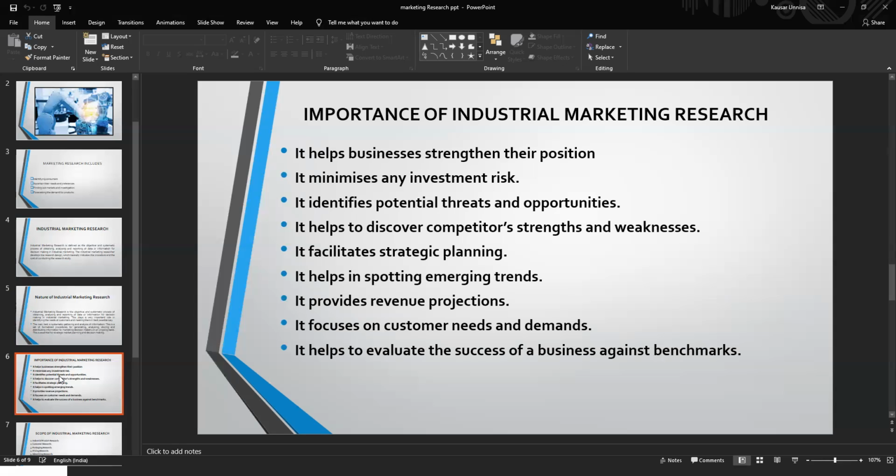Using these research findings, we can adapt and learn from weaknesses. The newfound knowledge gained about the competitors becomes an advantage for us, and it also facilitates strategic planning.